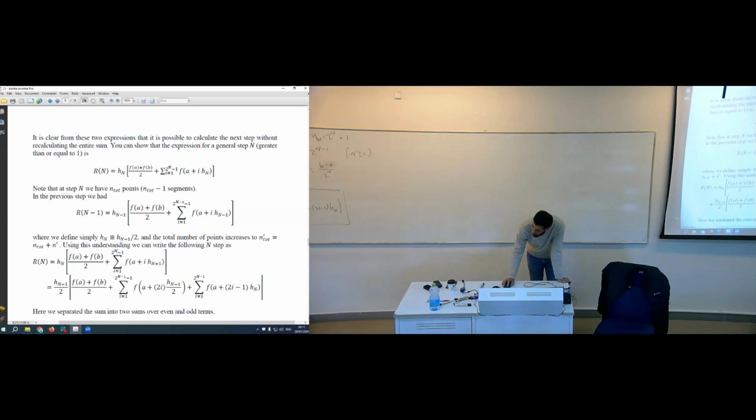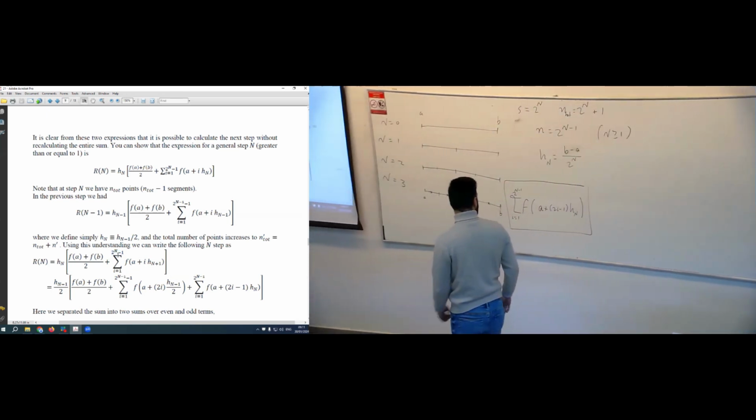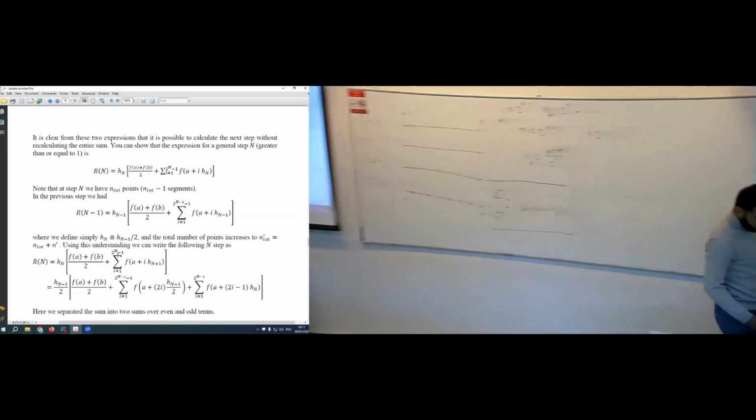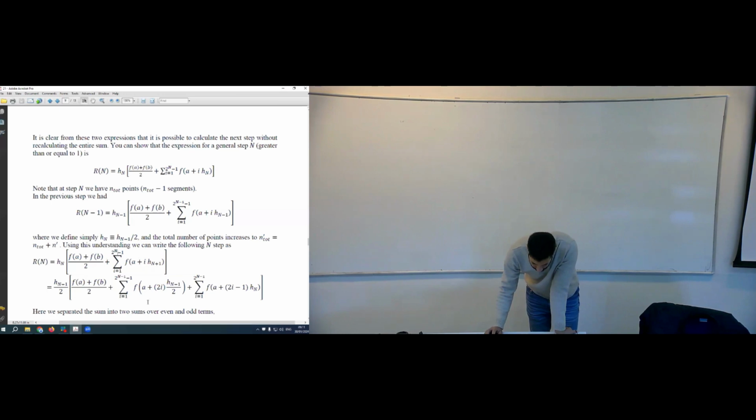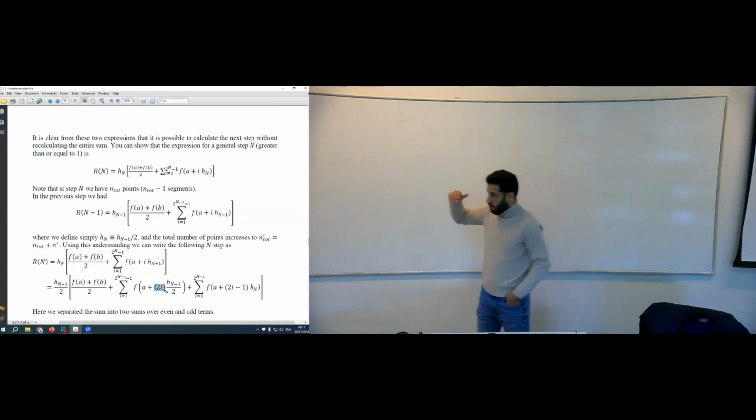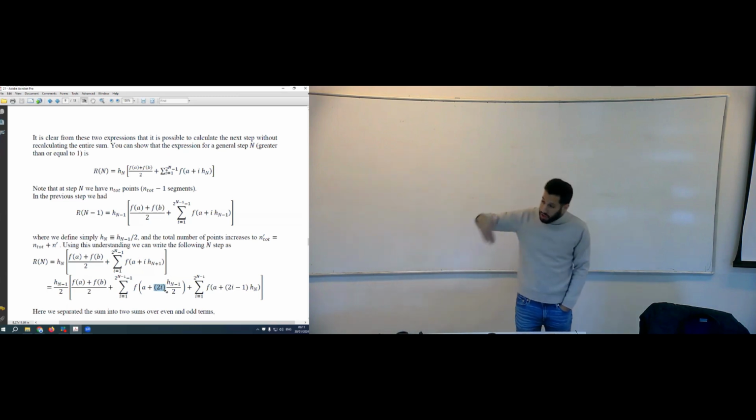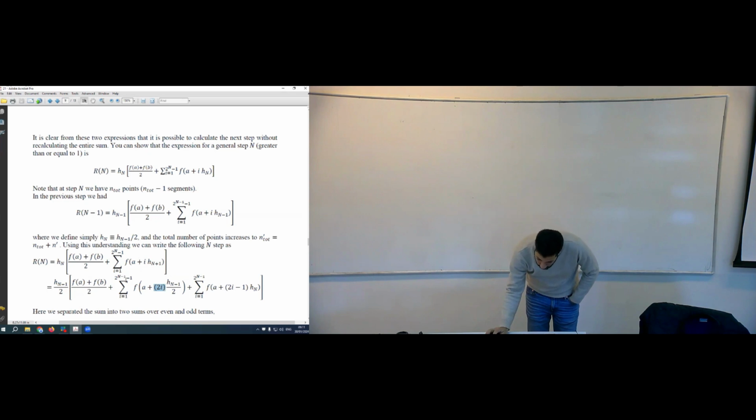And if I want to make this sum to the 2 to the n minus 1, I have to take the even numbers from 2 to 2 to the n minus 2. Okay. Therefore, the half of this is 2 to the n minus 1 minus 1. Okay. And this is also, I take the plus 1 because 2i minus 1, when I take this, will be 2 to the n minus 1, which is this. Okay. So you can make sure of this dividing for the sum that it's true.